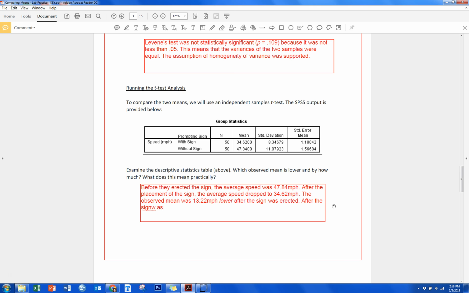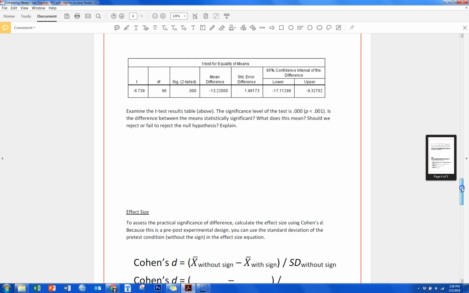After the sign was placed, the average driver traveled the speed limit through the town. So it appears that it worked. They were going too fast before. Now they're going under the speed limit. So far, so good. Right.